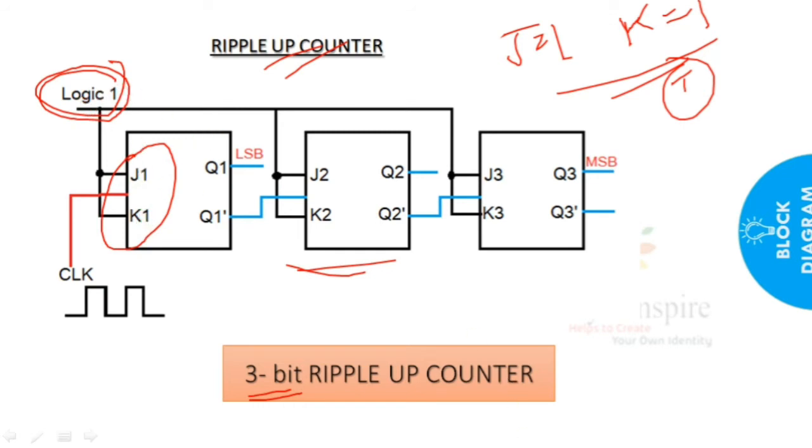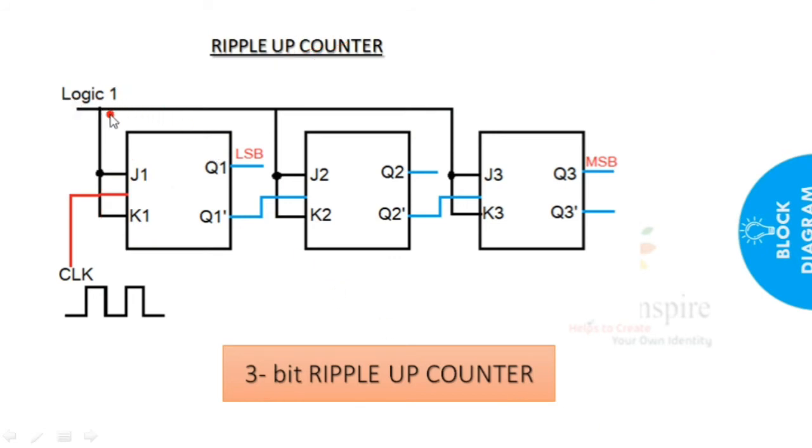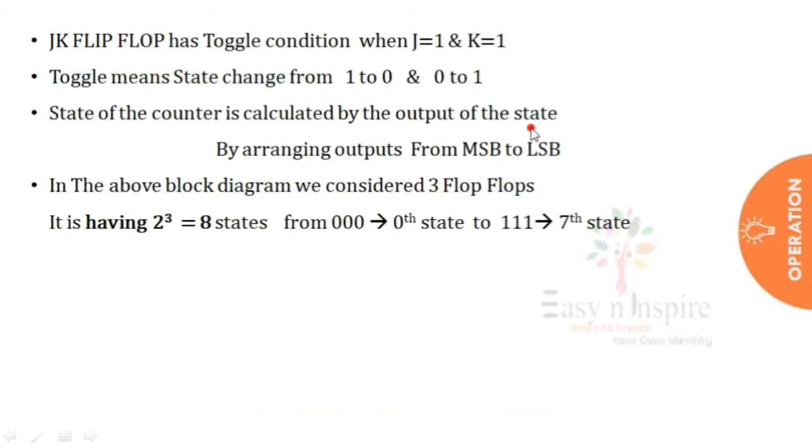So, see here, I am taking logic 1 to all the JK inputs: 1 and 1, 1, 1, again 1, 1. In this condition only, the output is toggled from 0 to 1 or 1 to 0. So toggling means changing its state. Okay.